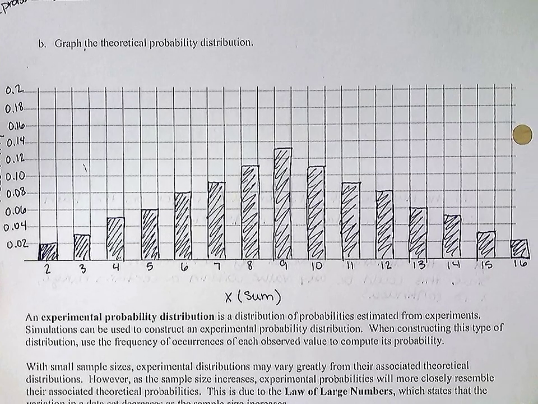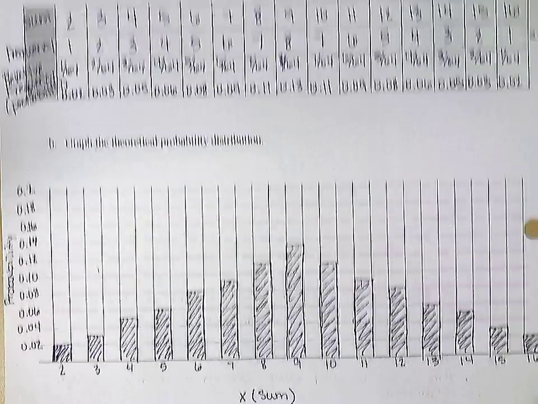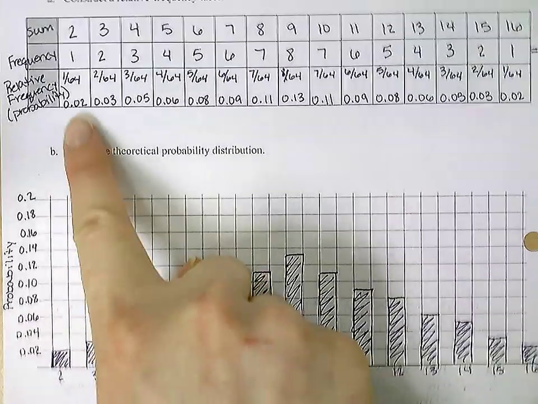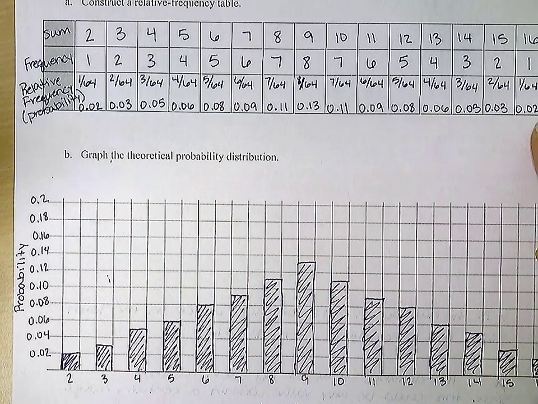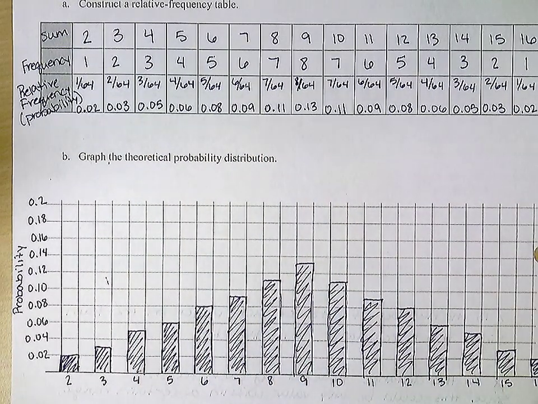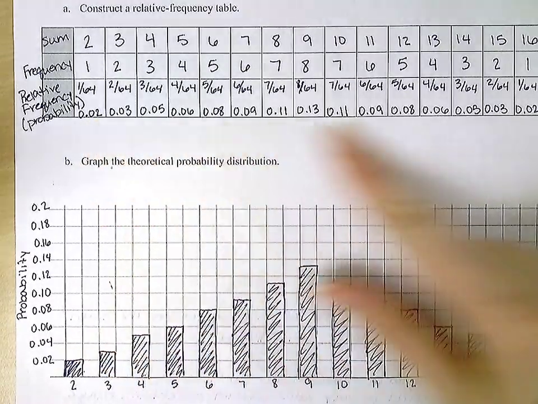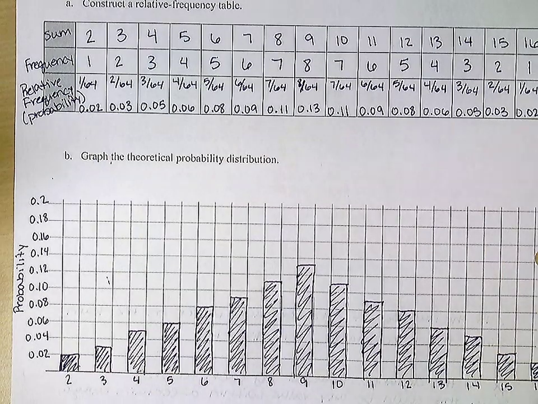Last thing I do want you to look at, if you were to add all of these together, it should equal 1. If you want to check your probabilities, if you add them all together, it should equal 1.